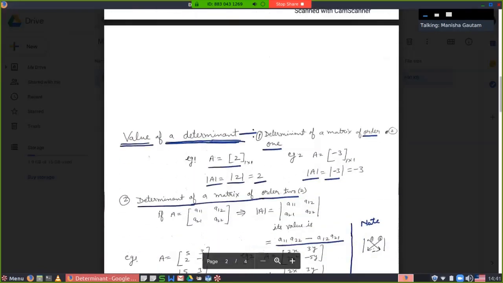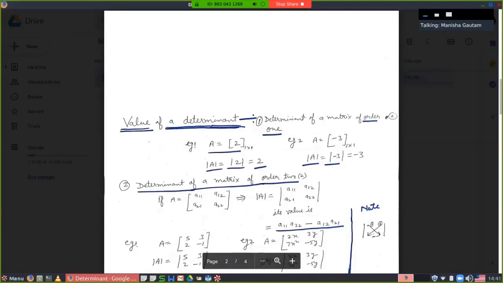Now, how do we find the determinant value of 1 by 1, 2 by 2 and 3 by 3 matrices? First, the determinant of a matrix of order 1. A matrix of 1 by 1 order is written as A equal to the matrix having element 2.